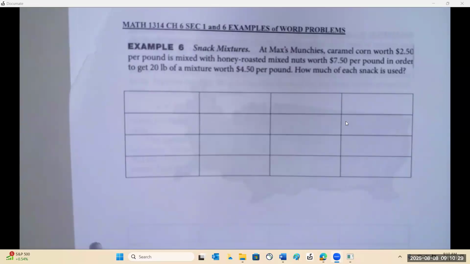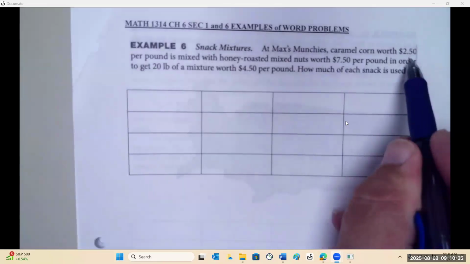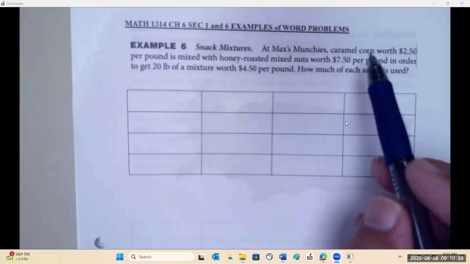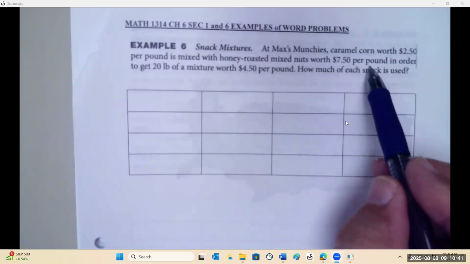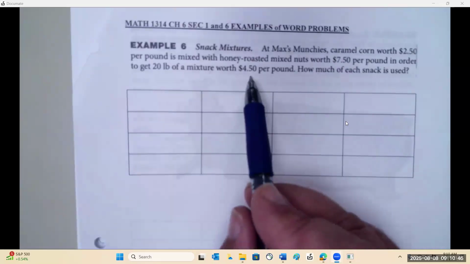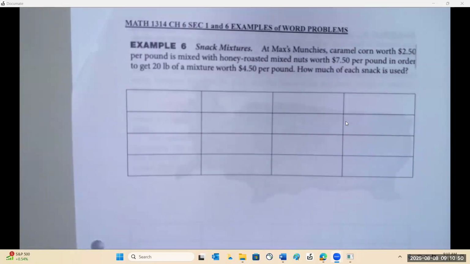Snack mixture. At Max's Munchies, caramel corn worth $2.50 per pound is mixed with honey roasted mixed nuts worth $7.50 a pound. In order to get 20 pounds of a mixture worth $4.50 a pound, how much of each should be mixed?